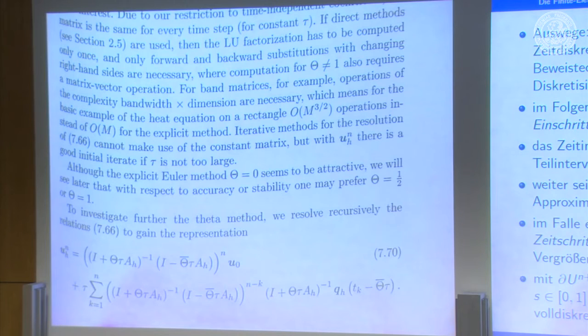If you have not heard this word, and you had a course called discretization methods and so on, you should go immediately to the Dean of Studies and ask for your money back. But maybe you have just forgotten about this word. So this is the central word, Padé approximation of the exponential function.